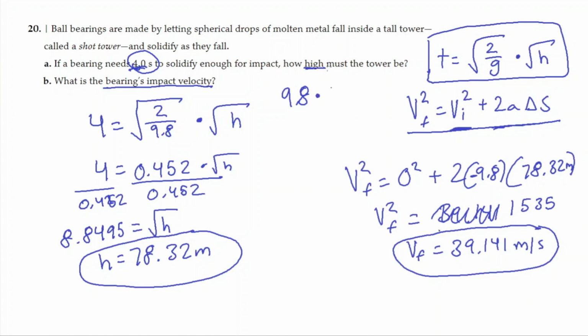So we can figure out the final velocity by doing 9.8 times 4, which gives 39.2 meters per second, or negative 39.2 meters per second. We can see that's really close to what we got, 39.141. Obviously, we did some rounding, but that is a faster way to figure out the answer. But knowing how to use the equation is also very important.